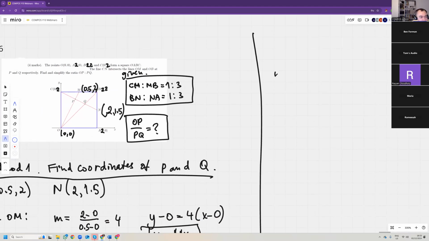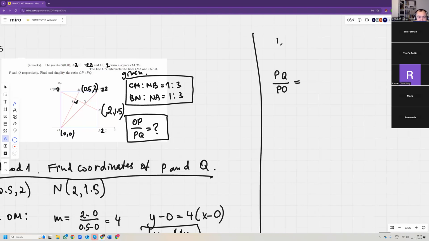PQ divided by PO, that's the opposite of this ratio. That's the inverse of this ratio. If you look at it, this is 90 degrees. Why is this 90 degrees?